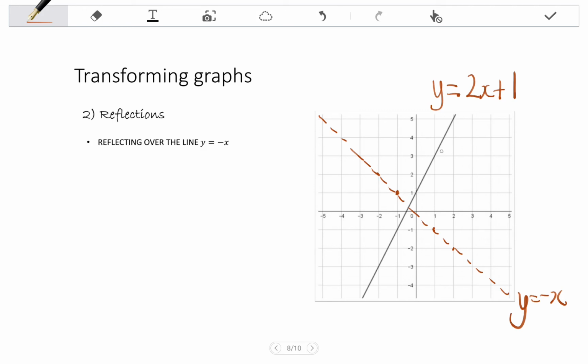Okay, so the point (0, 1), if I fold across the line, goes to the point (-1, 0). Okay, so (0, 1) goes to (-1, 0).